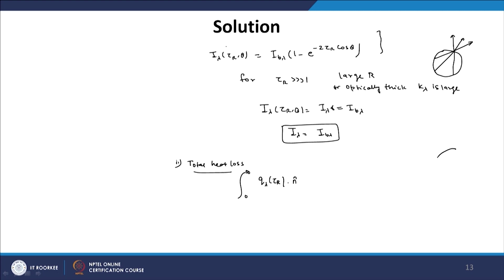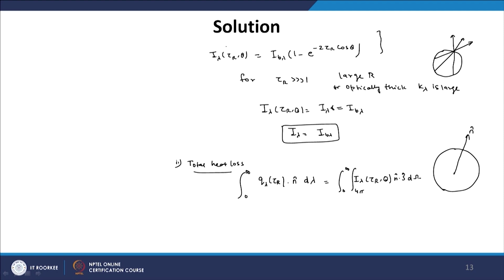We have this sphere, and this is the local normal n cap. So, we have to find the heat flux q lambda dotted with the local normal and integrate over the entire wavelength region. So, we get the integral from 0 to infinity of I lambda, integrated over 4 pi, I lambda, which is a function of tau r and theta, n dot s cap d omega.